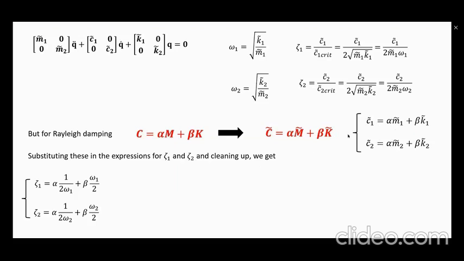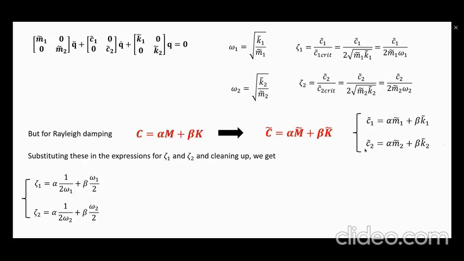If you look at this expression and divide both sides of the top equation by 2 m1 tilde omega 1, you're going to get this equation. Just try it. Divide this by 2 m1 tilde omega 1, and you're going to get this equation.